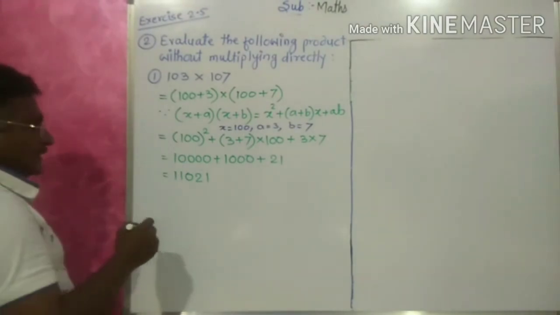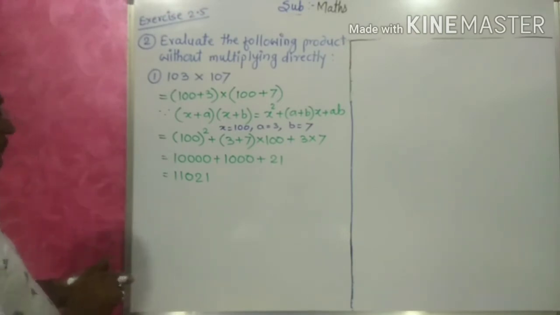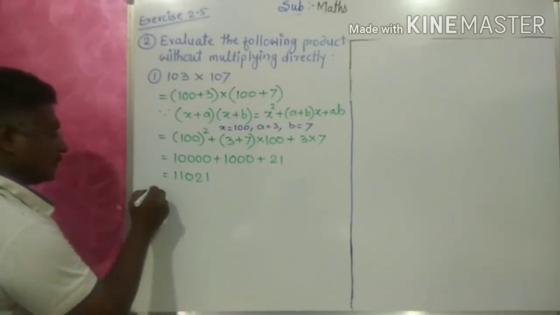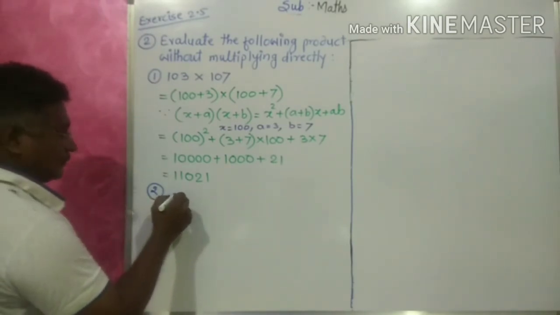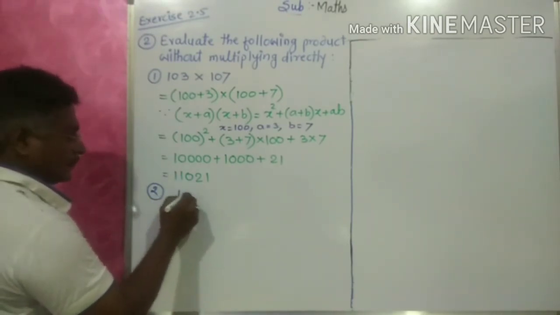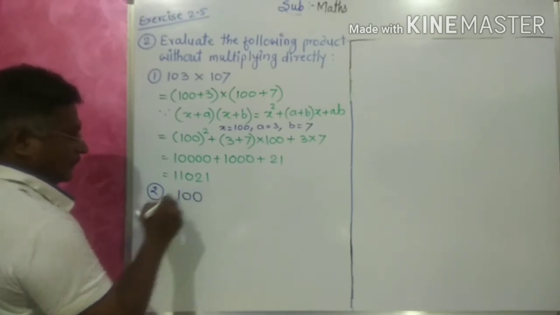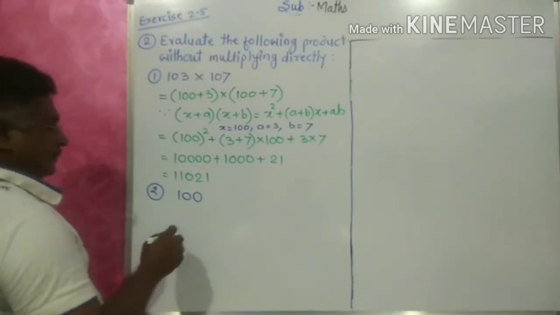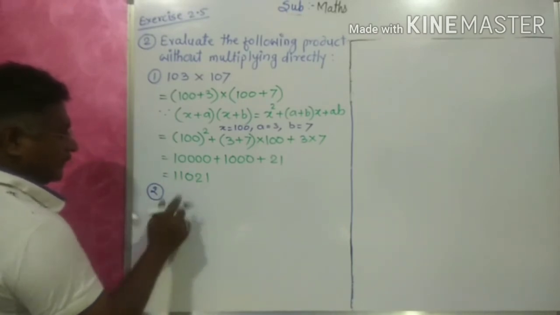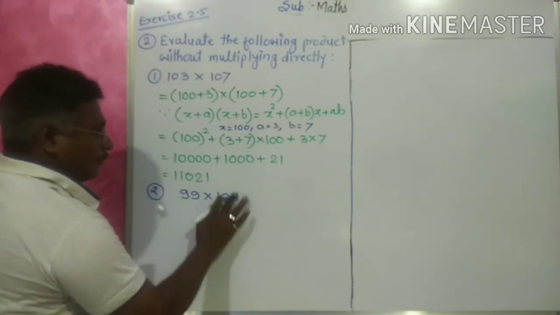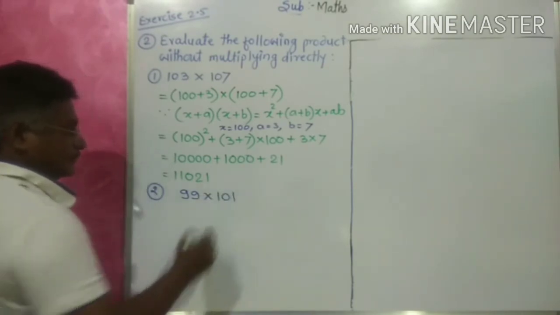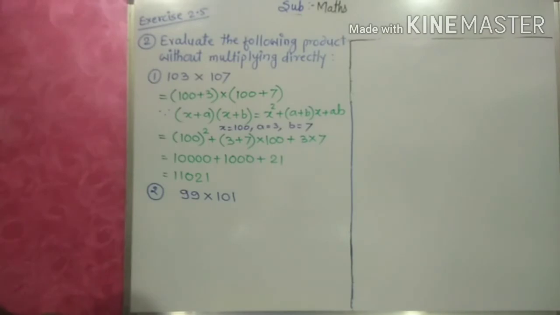So now second example. 99 into 101. So how we can write this?